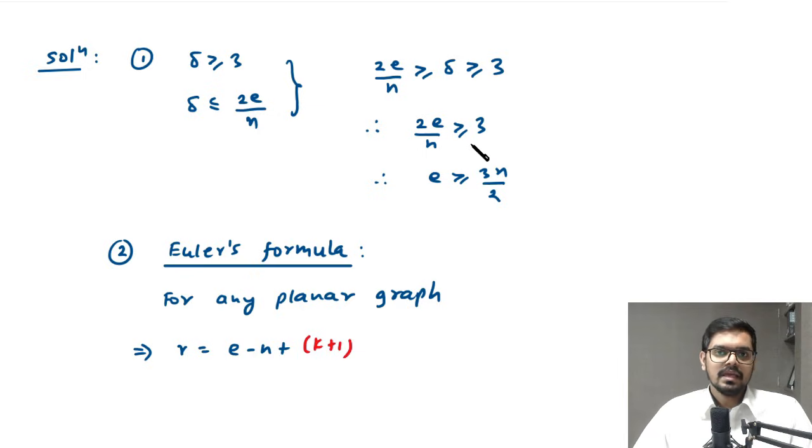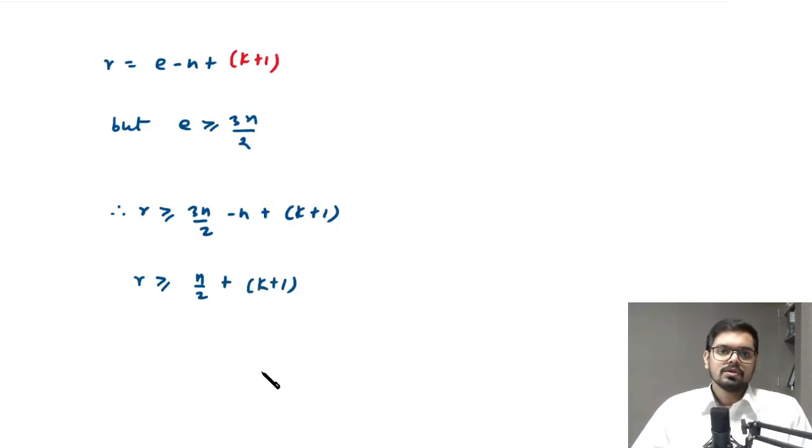Rearrange and you will get the edges answer now. Edges is greater than or equal to 3n by 2. Now this data and this equation will combine to arrive at the final conclusion. So in the next step, Euler's formula for the general scenario, and now we have concluded E is greater than or equal to 3n by 2. Now please make a note: if you combine these two expressions, you have to be very cautious.